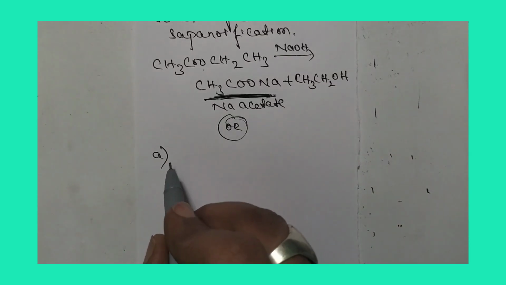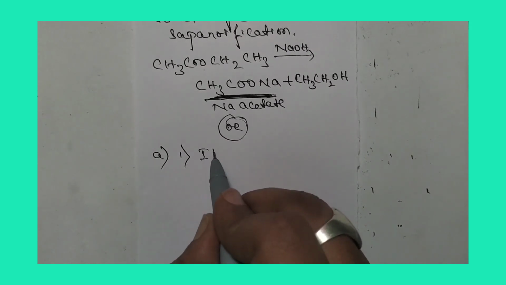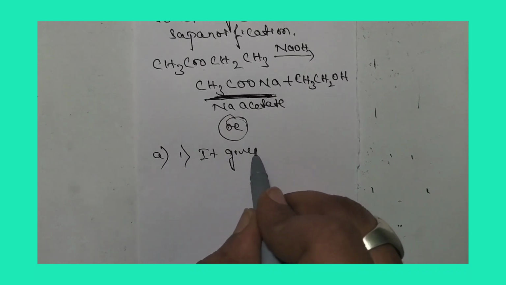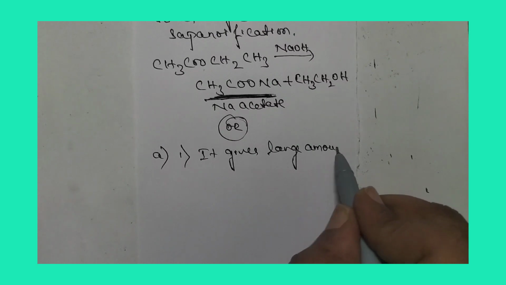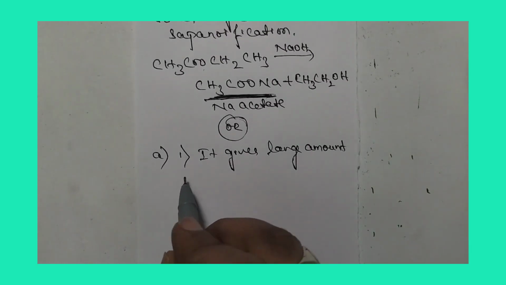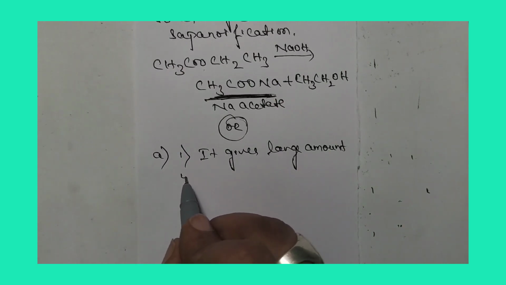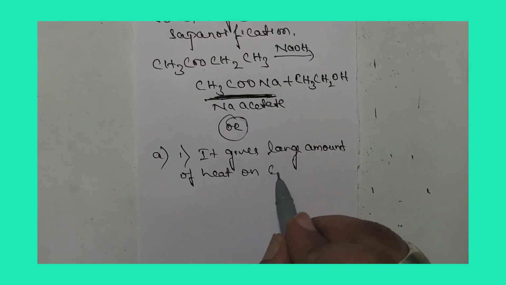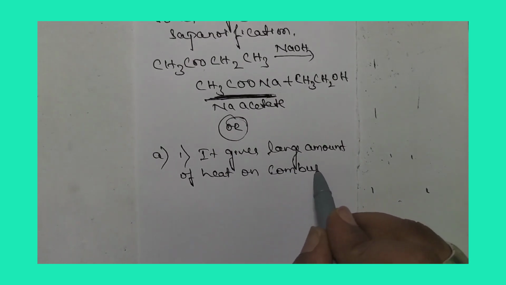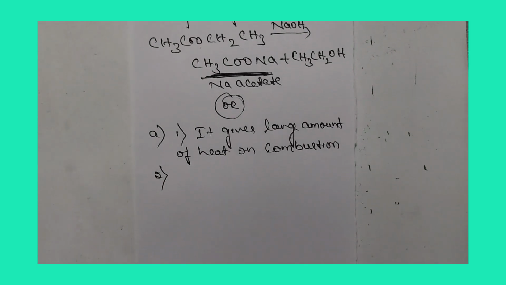So now let us make a list. The first reason is it gives a large amount of heat on combustion. Petroleum products we use are carbon compounds. That is because of the presence of carbon and hydrogen.